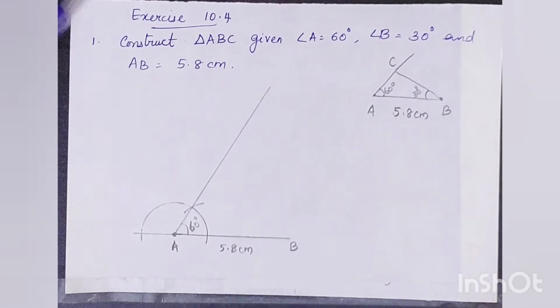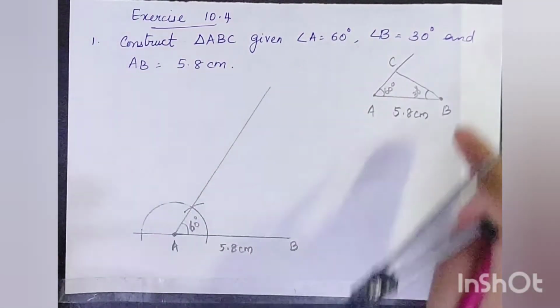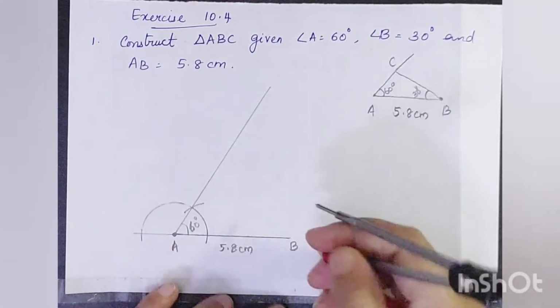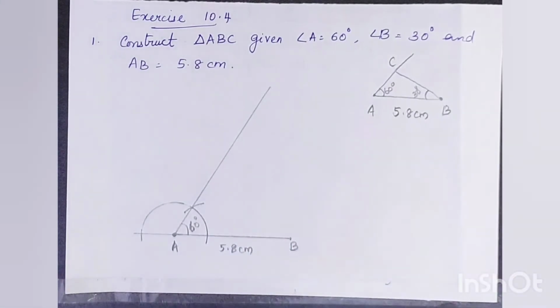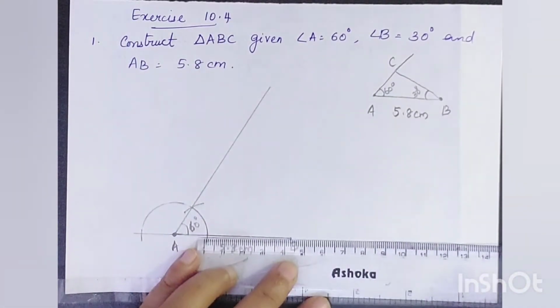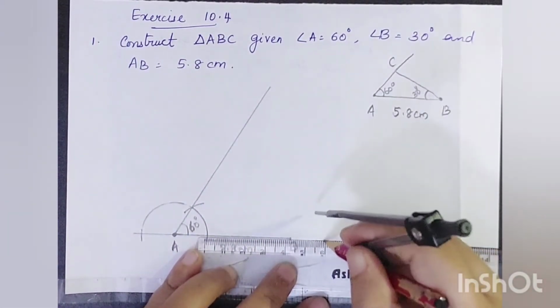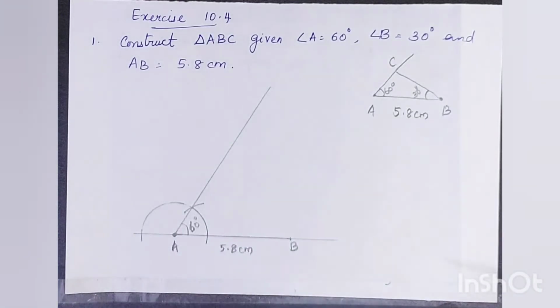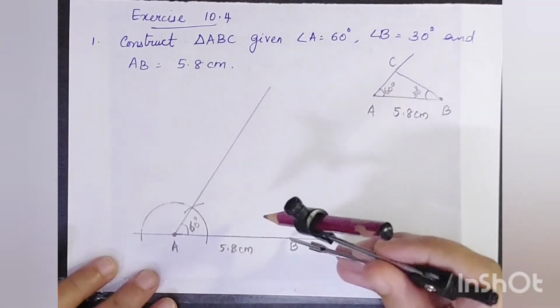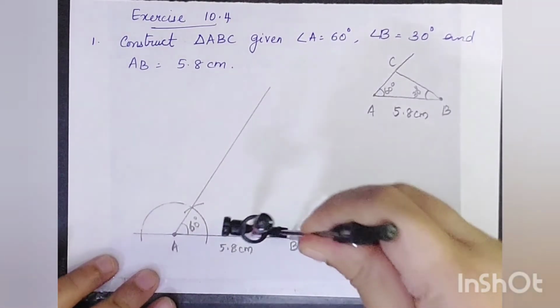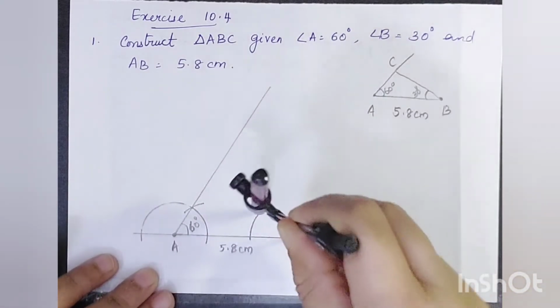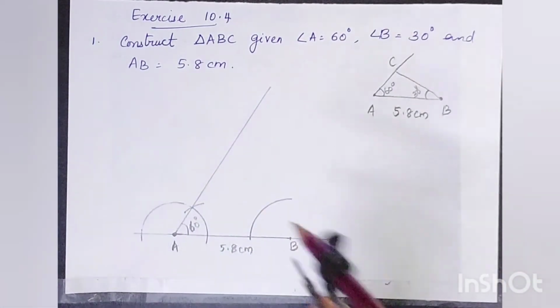Now what we have to do is construct 30 degrees at point B. So extend this line, and take any convenient measurement in your compass and first draw a 60 degree angle.